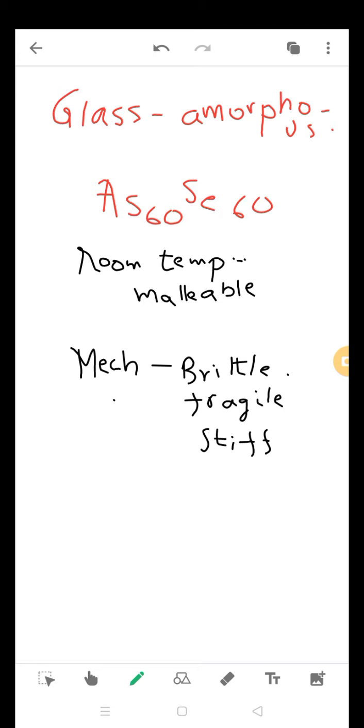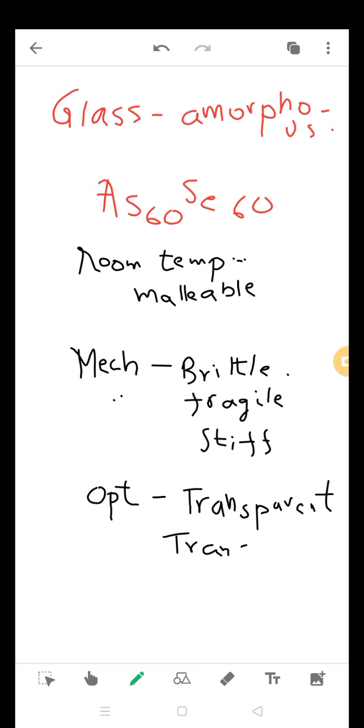And apart from the mechanical properties, what's interesting about glass is its optical properties. So it can be transparent, or it can even be translucent depending upon the refractive index, and that in turn depends upon the material used in the glass.